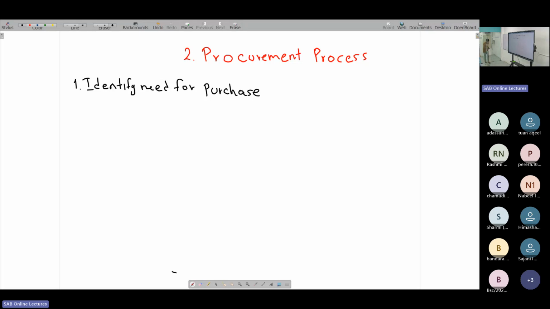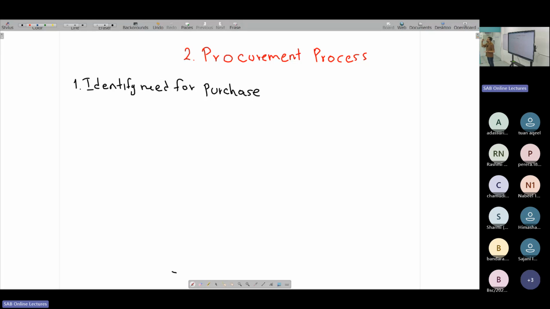So inventory level, reorder level. Once we decide on raw materials purchase, the store managers will decide whether now we need to purchase or we can postpone. So first, that is called identification of need.